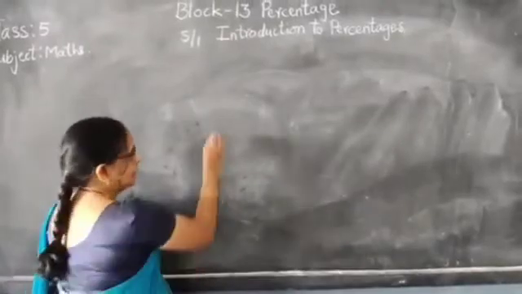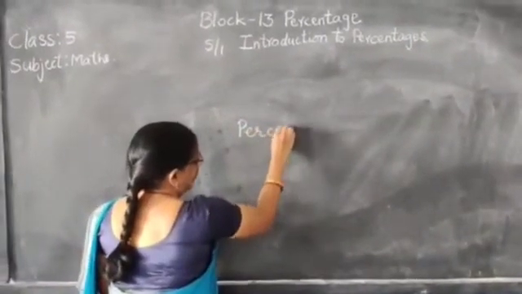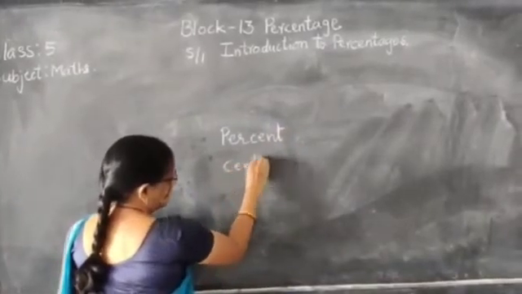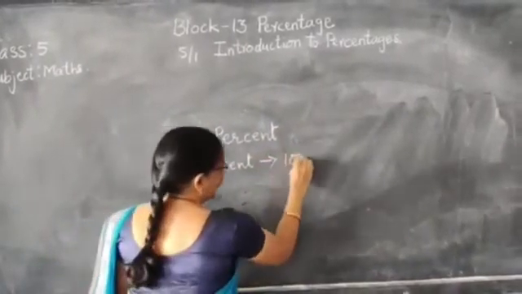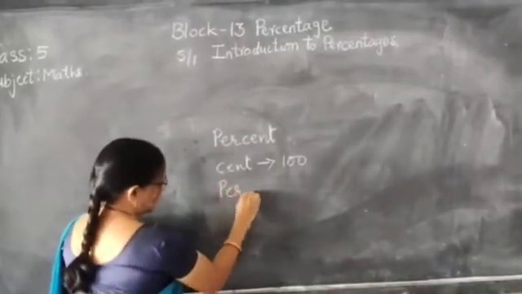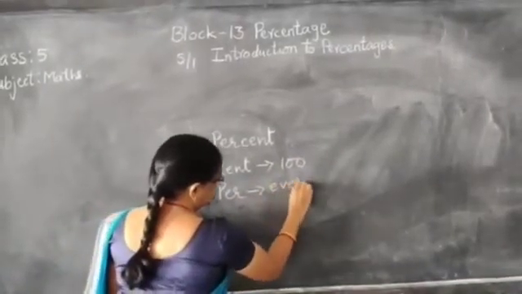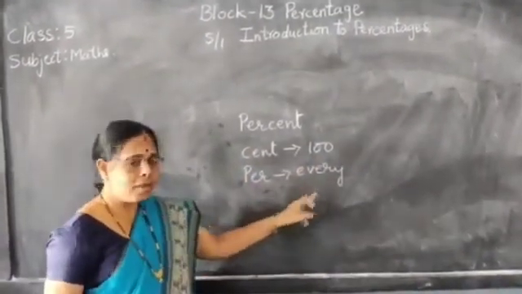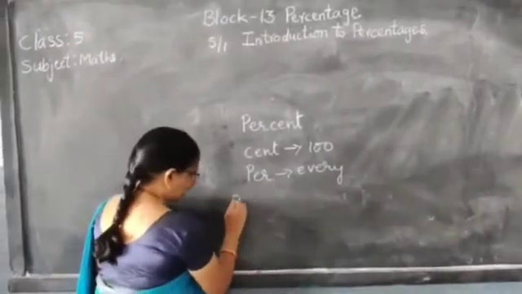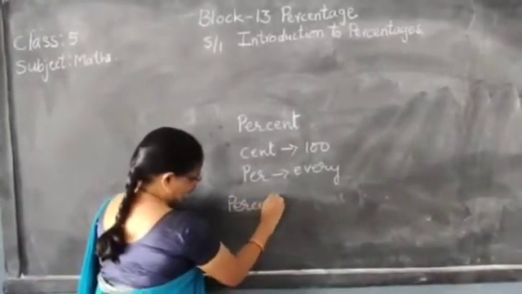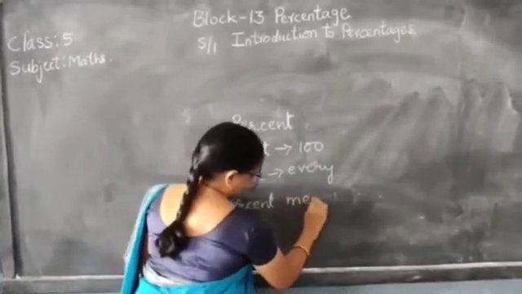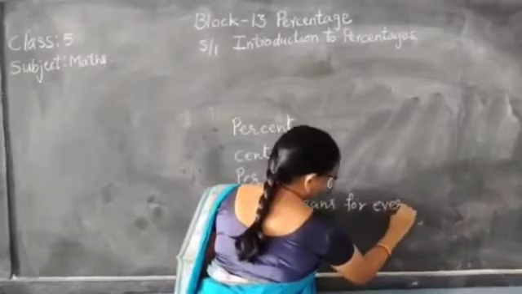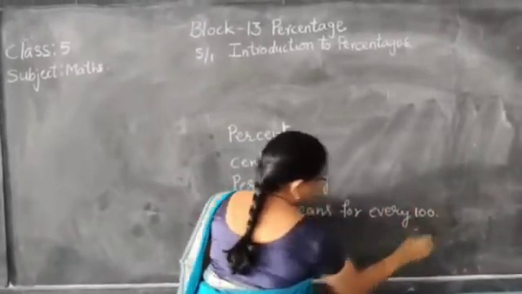The word percent means, here, children, cent means 100, per means every. So percent means per every 100. Okay, children?